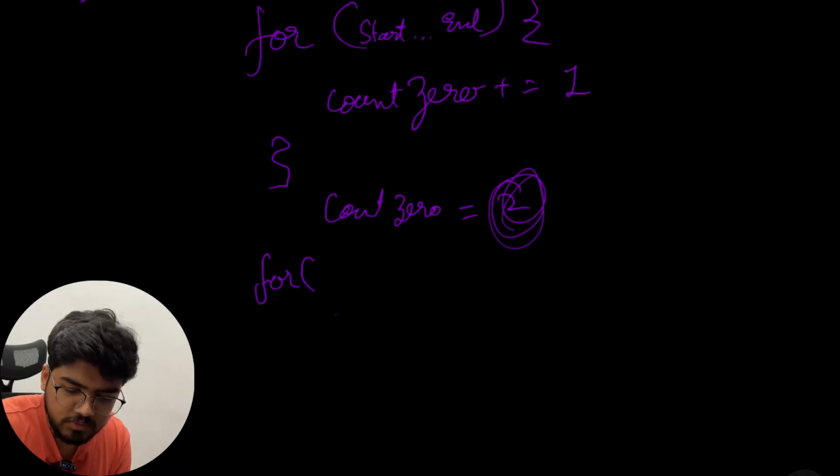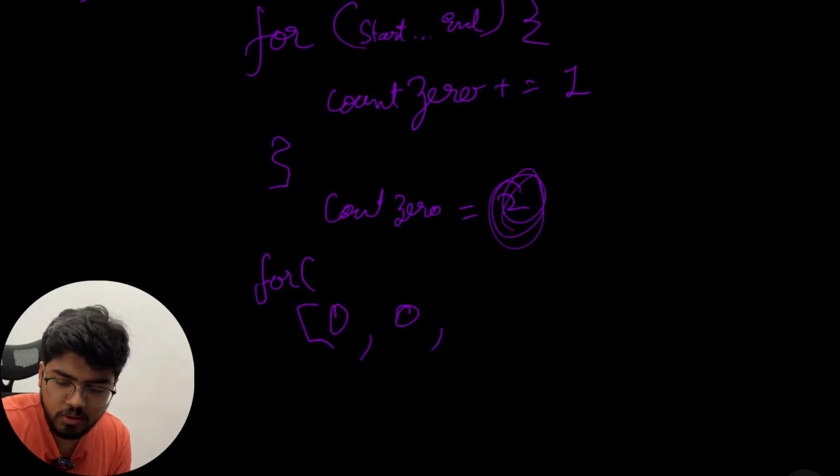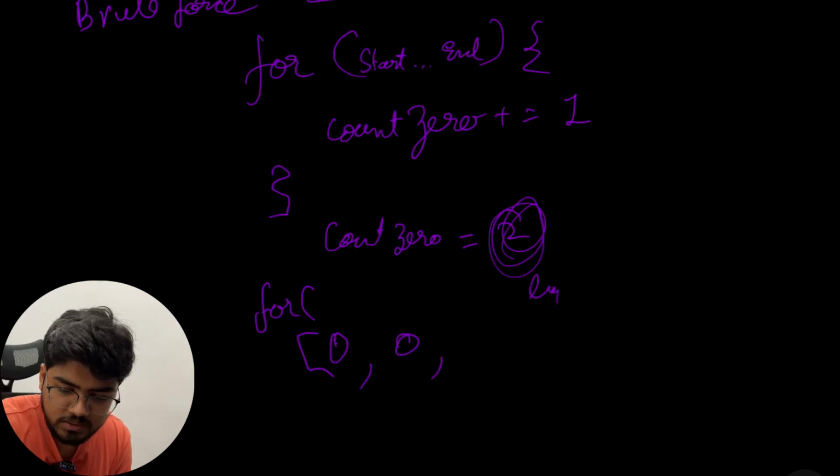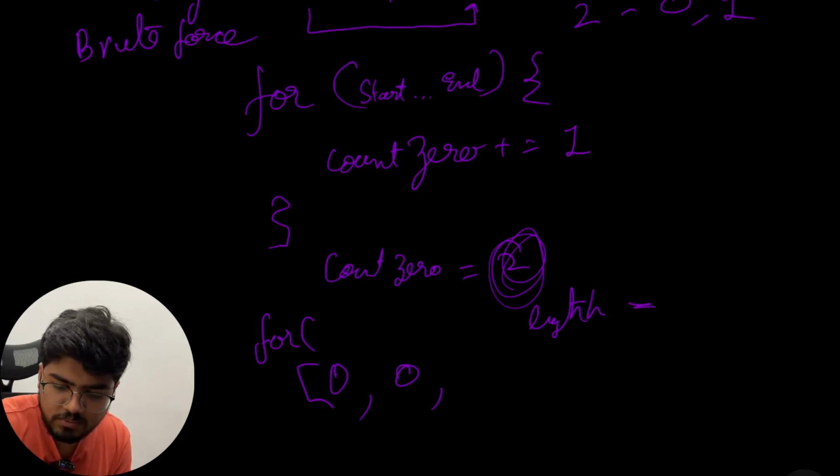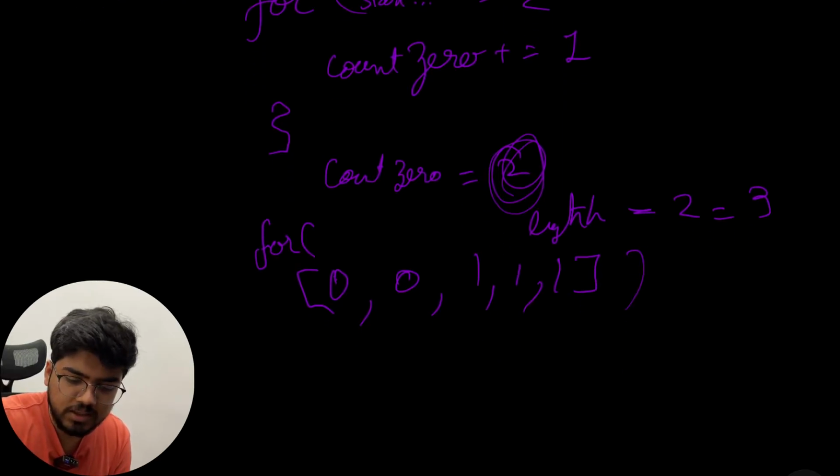So we make the array 0 0 followed by the length minus the number of zeros, which is 3, that means 3 ones. I hope I am clear about this.